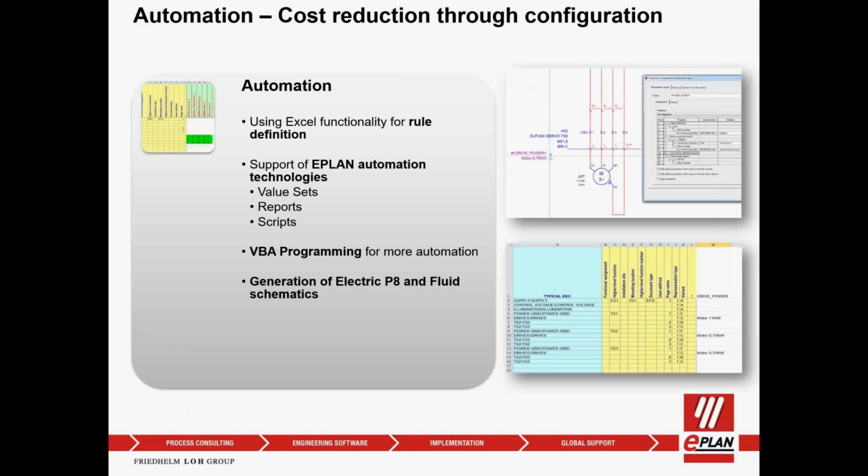We can also incorporate scripting into this if we want the system to automatically run some scripts while this is running. We have the capability of associating VB programming. So as your company grows, or as your processes grow, you have standardized products. We can create a VB interface inside the Excel environment, with some images, checkboxes, and selectable options that will trigger information associated to the Excel sheet. And of course, with that, we will be able to generate electric and fluid schematics.